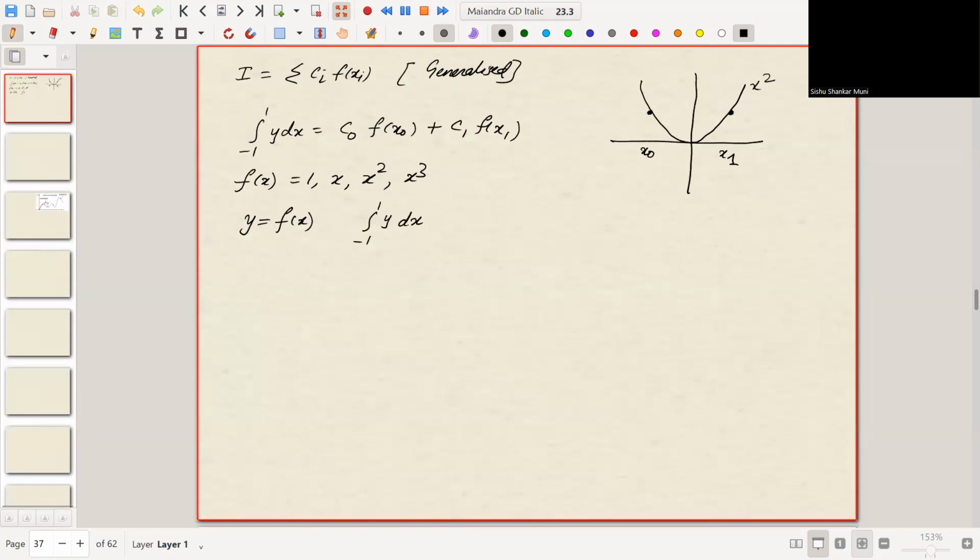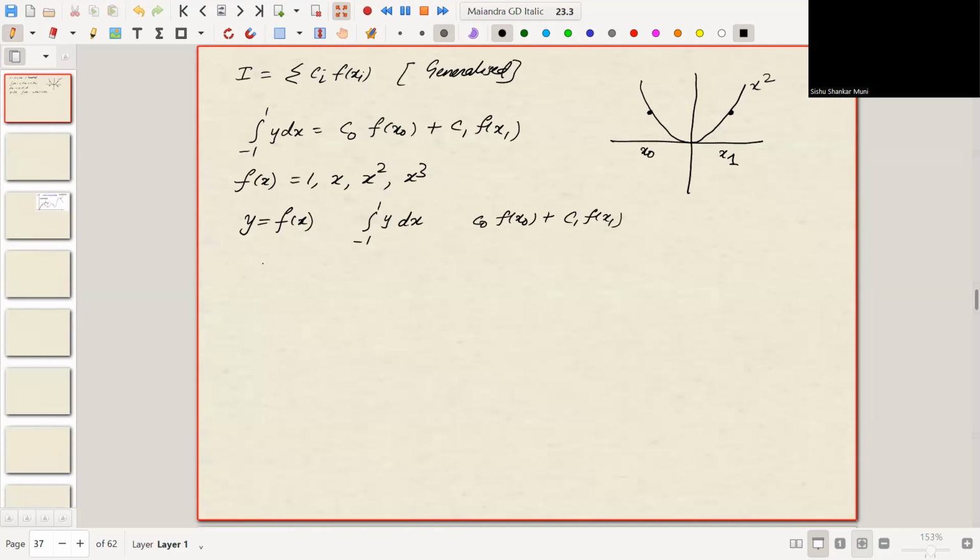The integral of y dx and then your value c0 f of x naught plus c1 f of x1, this is what we want. These things you can compute analytically: 1, x, x square, x cube. And this is our quadrature formula, c0 f of x naught plus c1 f of x1.